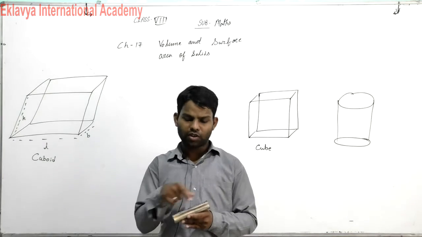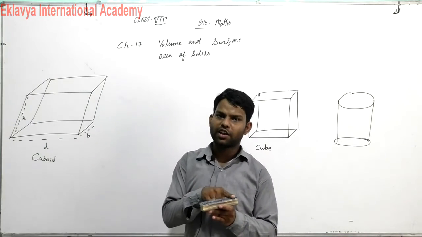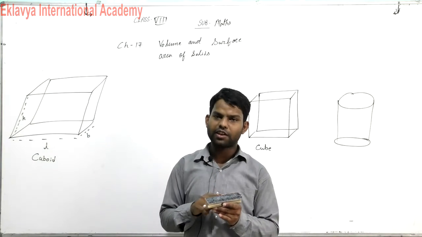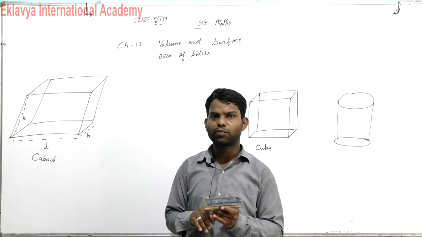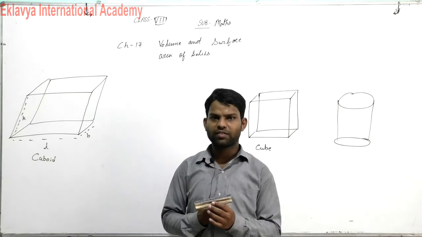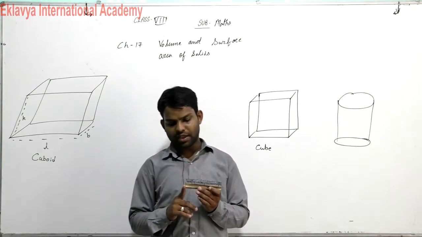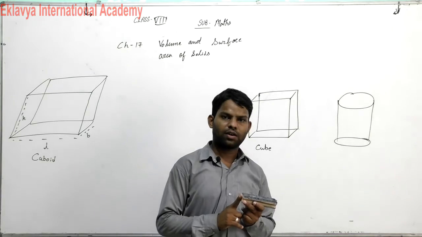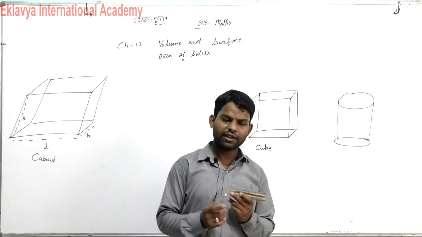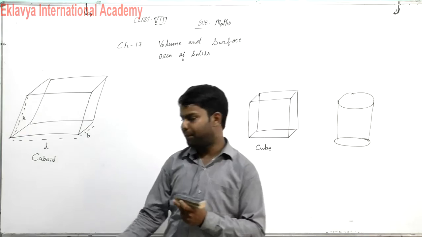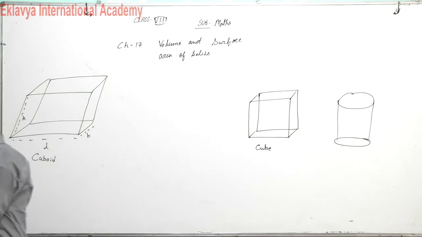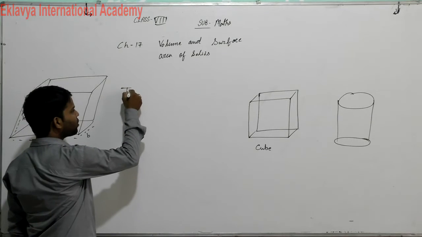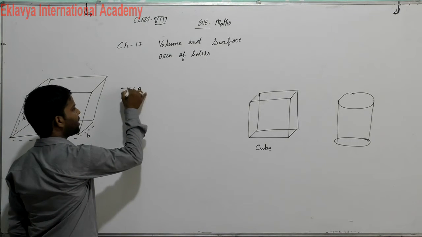The area of one face is length into breadth, the second face is length into height, the third face is length into breadth, the fourth face is length into height, the fifth face is breadth into height, and the sixth face is also breadth into height. If we add all these faces, we get the total surface area.